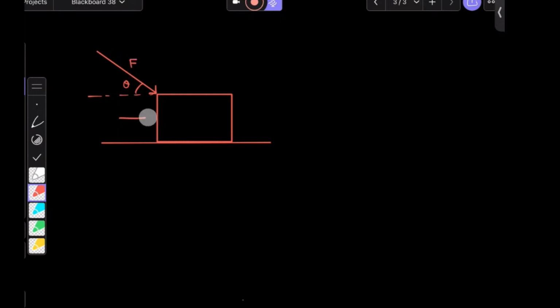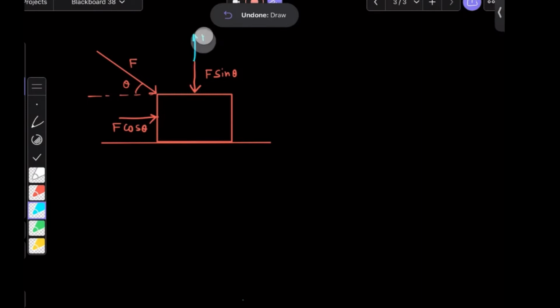The component making this object move is F cos theta. The other component, F sin theta, is pushing this block into the ground. Apart from this, we have the normal contact force acting upward and mg acting down. Again, this block has a tendency to slip forward, so friction force will act backward.